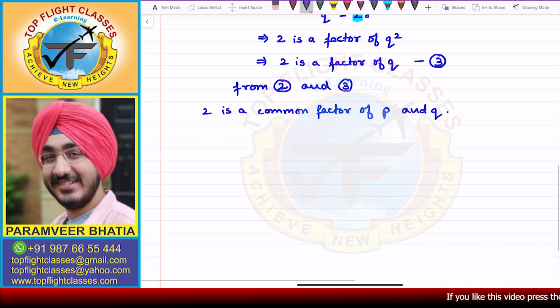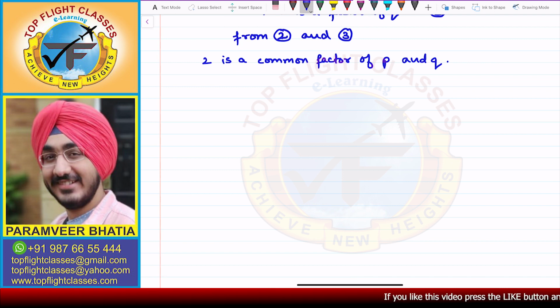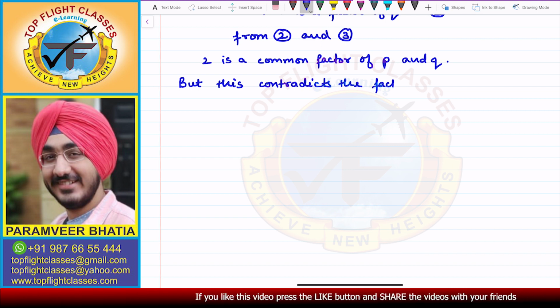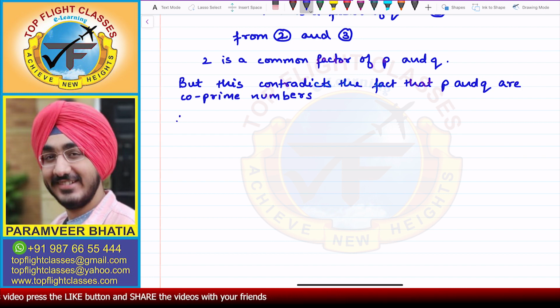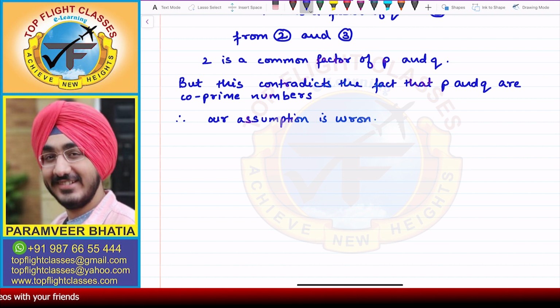So that means this contradicts the fact that P and Q are co-prime numbers, and therefore our assumption is wrong and root 2 is an irrational number.